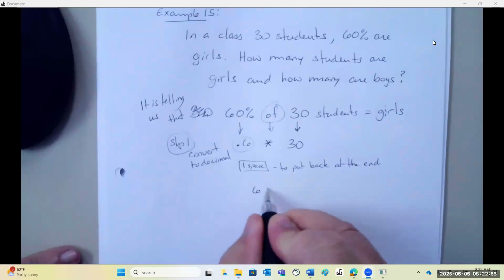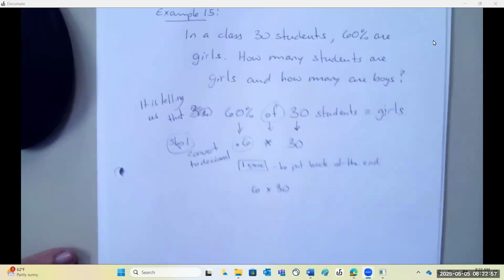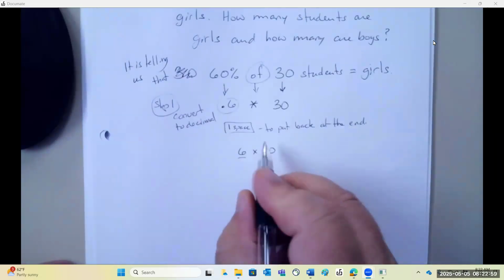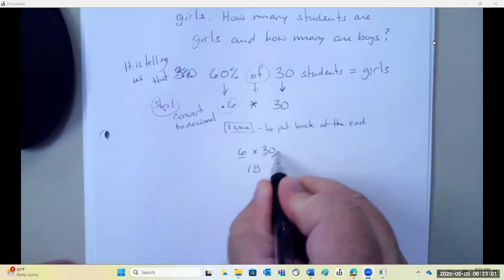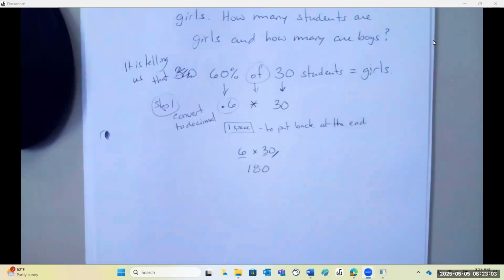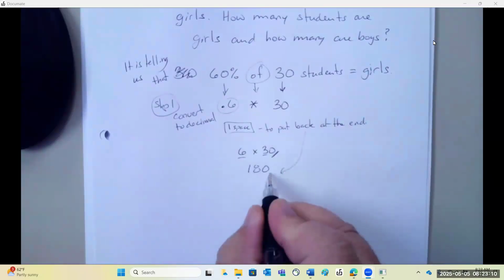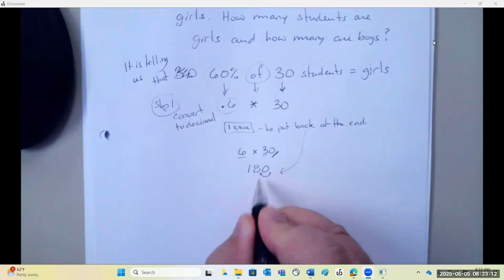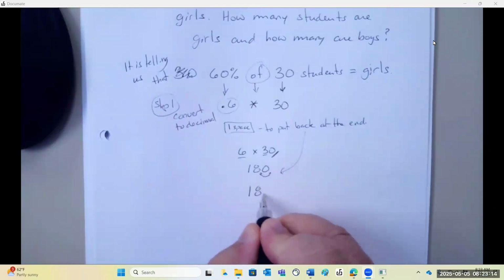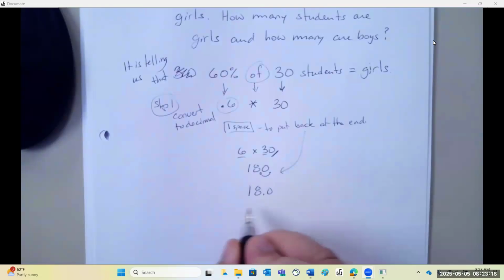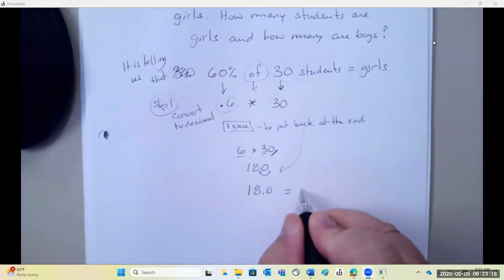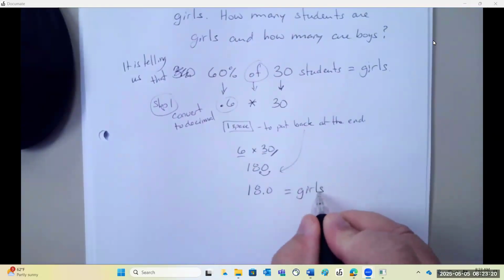So now we have 6 times 30. 6 times 3 is 18 with 1 zero. Now put that decimal back, 1 space. So 18 students are girls.